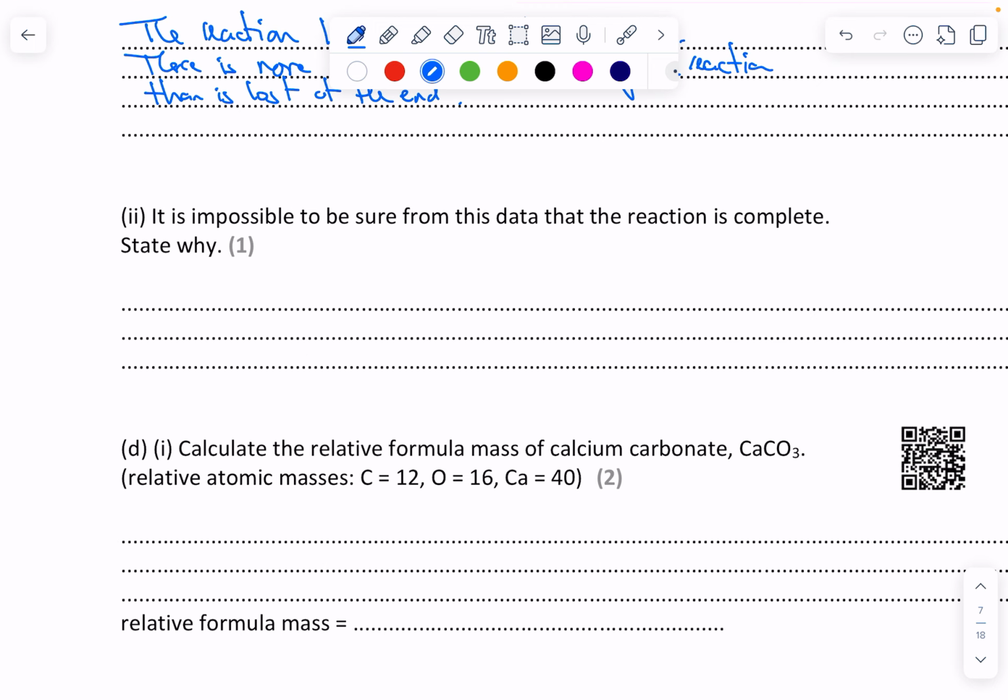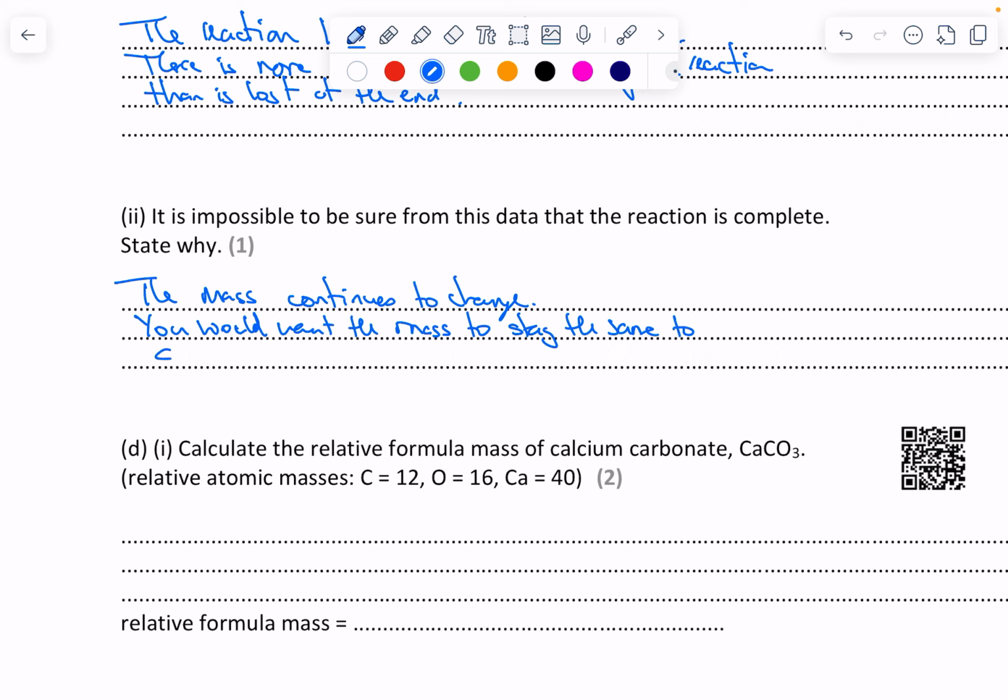So why is it impossible to tell from this situation is because the mass continues to change. You would want the mass to stay the same to show the reaction is complete.